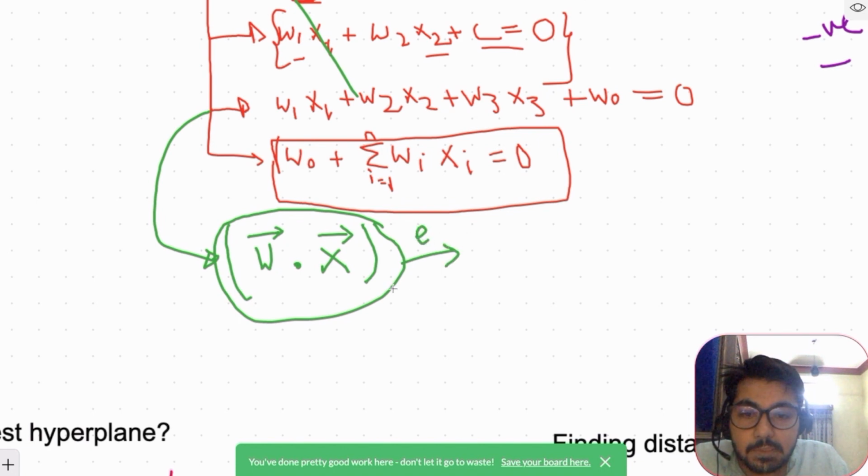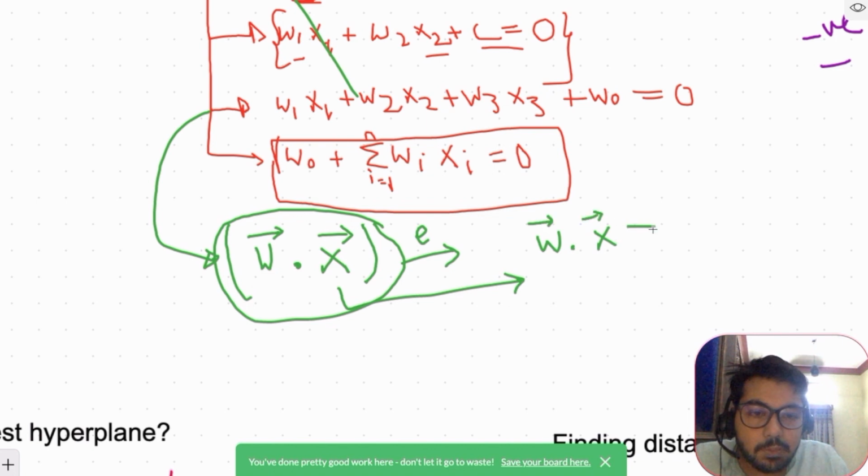So the equation of the hyperplane can be represented as the dot product of the w vector and the x vector, where w is the weights and x is the features, equal to 0.